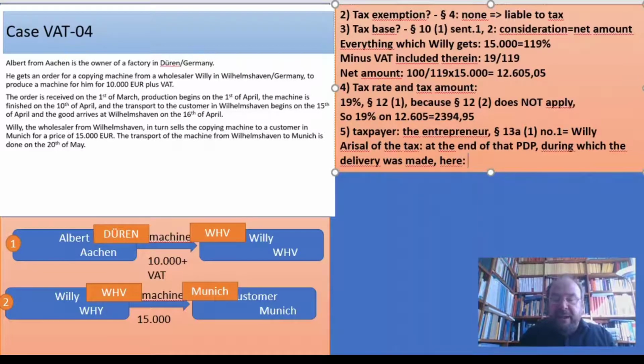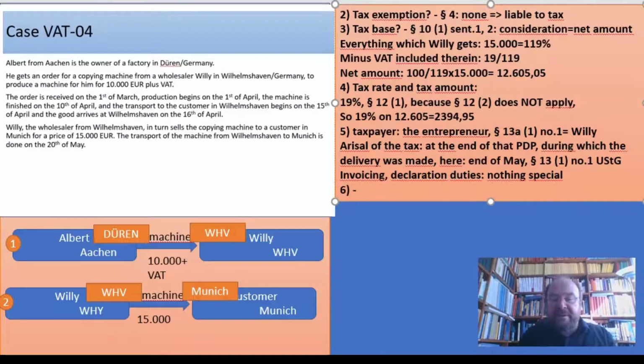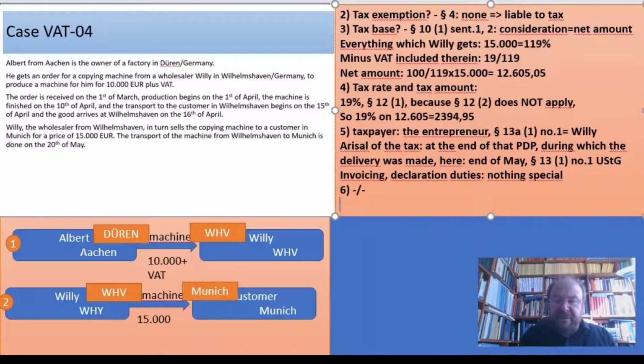Here, that's May, so end of May, 31st of May. § 13.1 number 1 UStG. Invoicing details and declaration duties, nothing special, same stuff as always, nothing peculiar. For example, no wrong invoicing and other details which should be commented. And at this point, as points which do not regularly show up in our testing scheme.